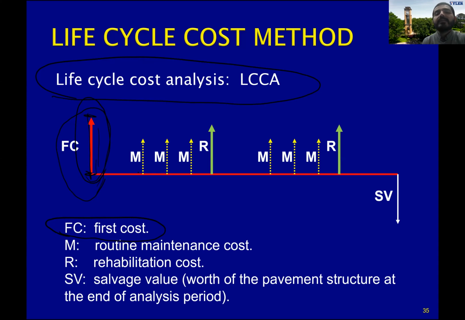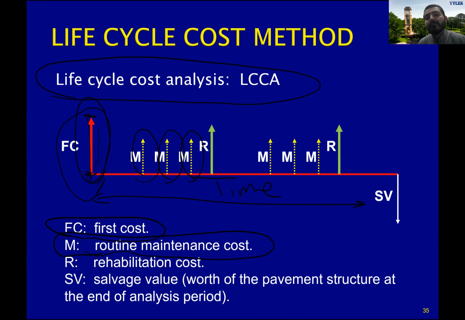But then several years down the road, which is time, I know I'm going to have some maintenance activities, preferably uniform maintenance, to keep the health of the pavement at a high level. That is what I call routine maintenance cost.